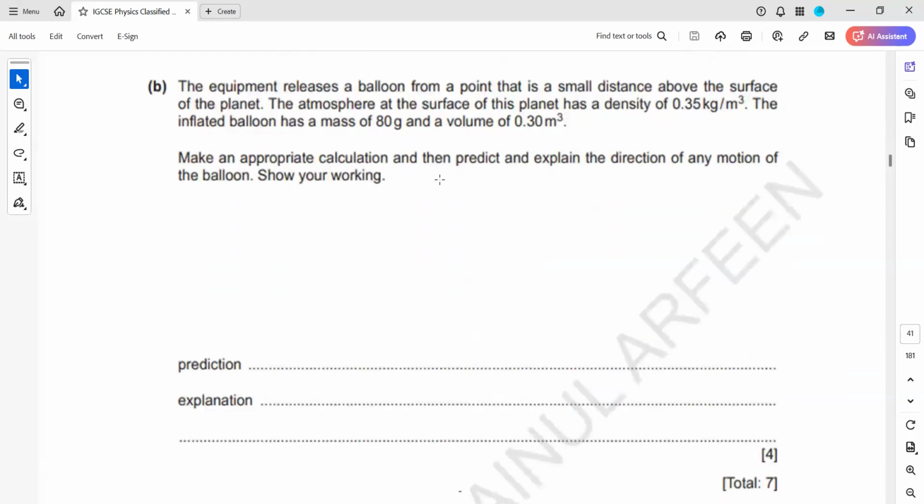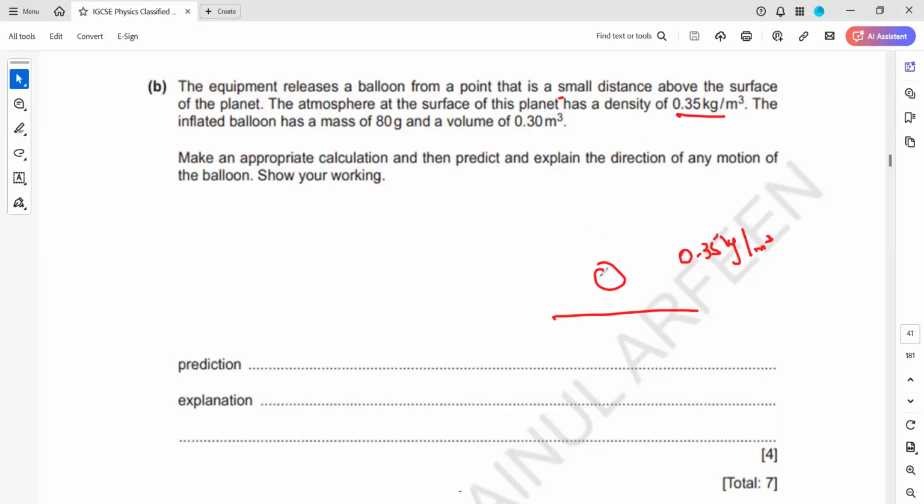Next, the equipment releases a balloon at a small distance above the surface. The atmosphere at the surface of the planet has a density of 0.35 kilograms per meter cubed.